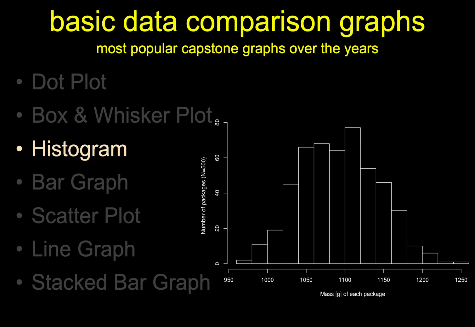This is weight. This is weight of each package. So here's a particular weight, and now this is a bin. So this is a range. Just like we looked at last time when we had the bins of income, we talked about taxes and that stuff. So here's a bin. Now maybe the bin is 5 units, 10 units, 100 units. It could be different sizes, but the point is a bin. And so I've counted up how many times I had measurements that were in this bin, and that's what's shown here.